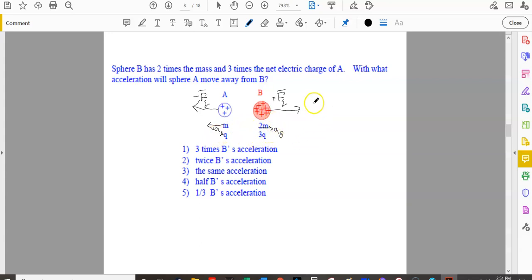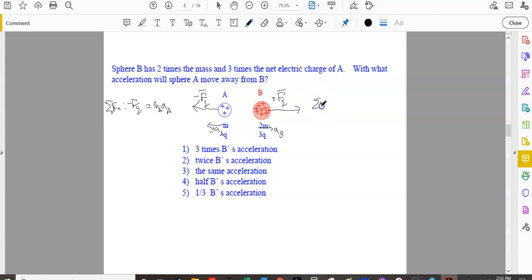So let's sum the forces on A over here. The sum of the x direction forces on A is equal to the Coulomb force to the left, which is also equal to the mass of A times its acceleration, a_A.